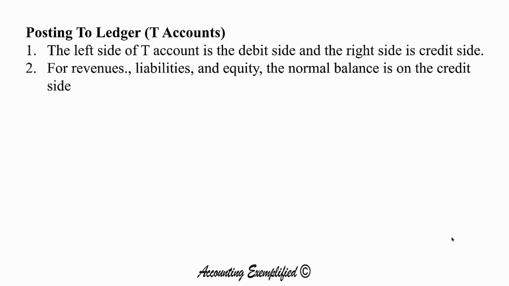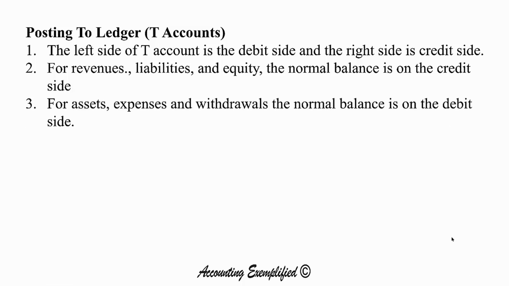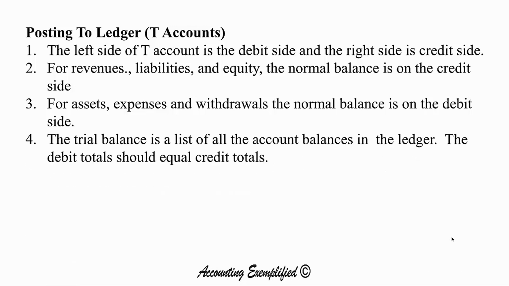For revenues, liabilities and equity, we will enter the increase on the credit side. Therefore, the balance will be calculated and shown on the credit side of these accounts. For assets, expenses and withdrawals, the increases are recorded on the debit side. Therefore, the normal balance for these accounts will be on the debit side.